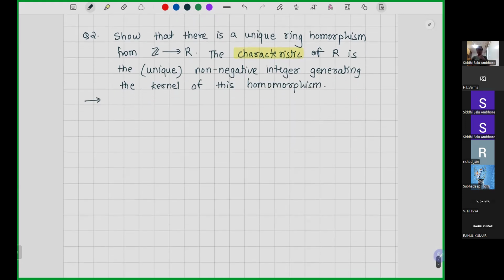So we have to show that there exists a unique ring homomorphism from Z to any given ring R.